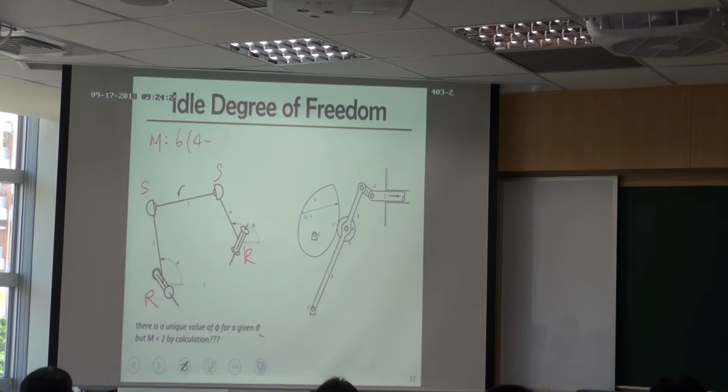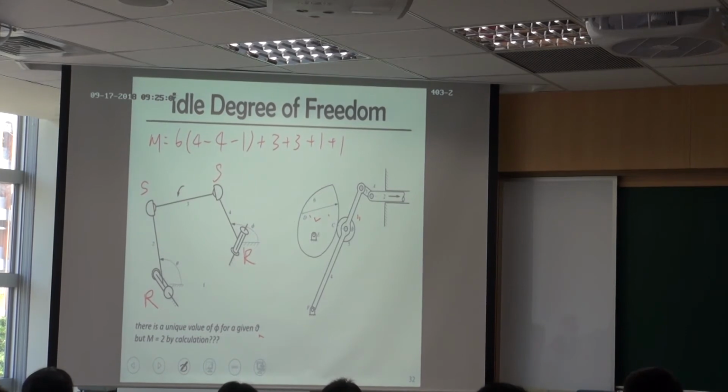There are 4 links in this linkage, and also 4 joints, 2 R joints and 2 S joints. S means spherical joint. We also need to subtract 1 for the ground link. And we need to add the connectivity back. If you still remember, each spherical joint will add 3 back, and for each R joint, we add 1 back. So for this one, we get a mobility equal to 2.